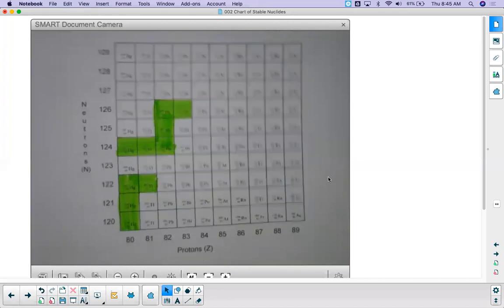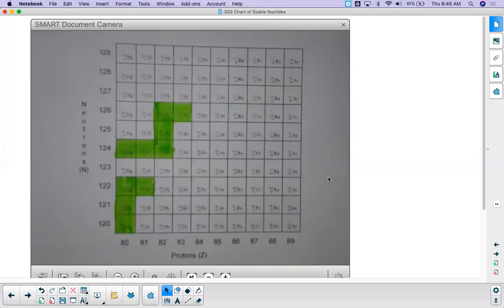Now, there's obviously not a lot of rhyme or reason to which ones are good and which ones are bad. This is just a list scientists have made. They look to see what's out there in the world, what's not radioactive. There you go. We do not have any explanation for why those 10 are okay and the remainder of them are not. So this table is just an observation that scientists have made.